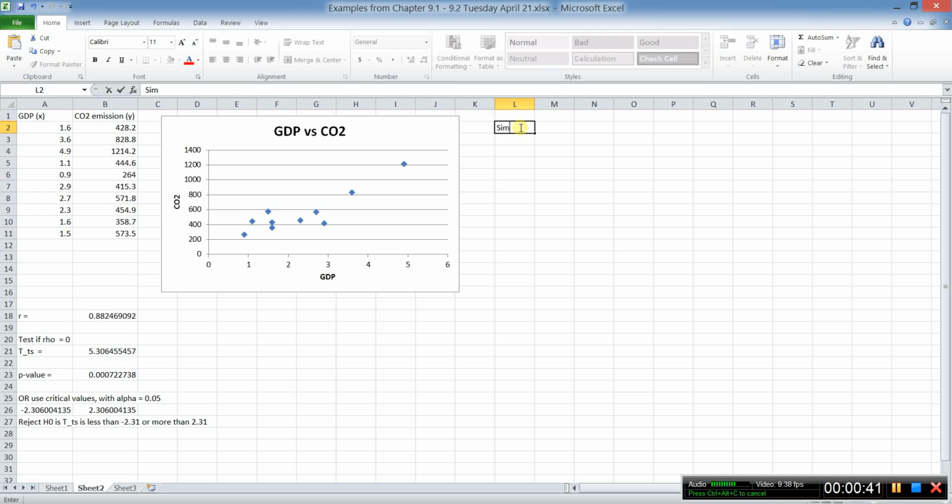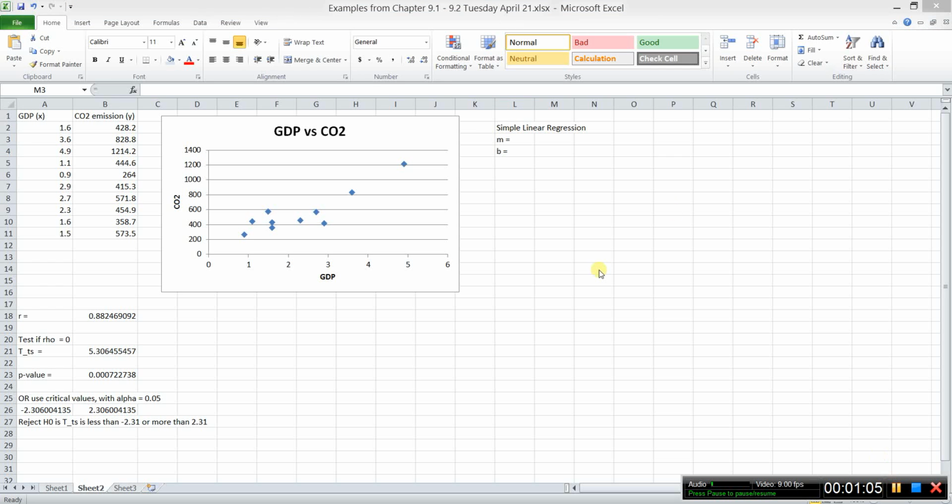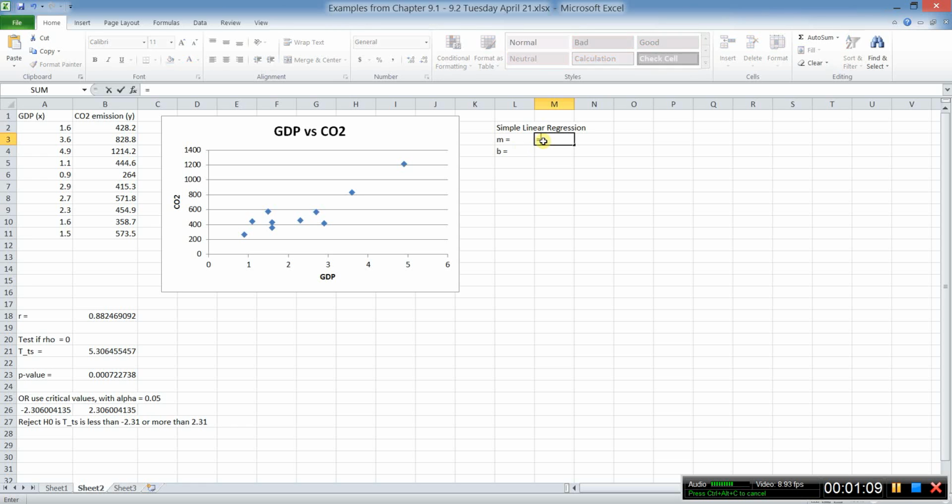So I'm going to title this simple linear regression. In a simple linear line you have the slope, which is m, and then you have the intercept, which is b. To calculate m, start with the slope.